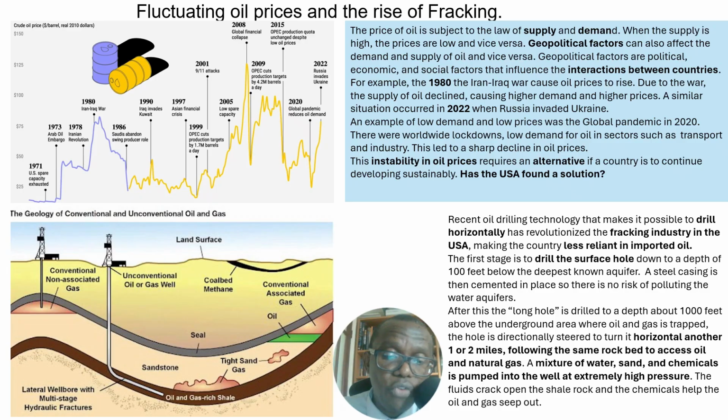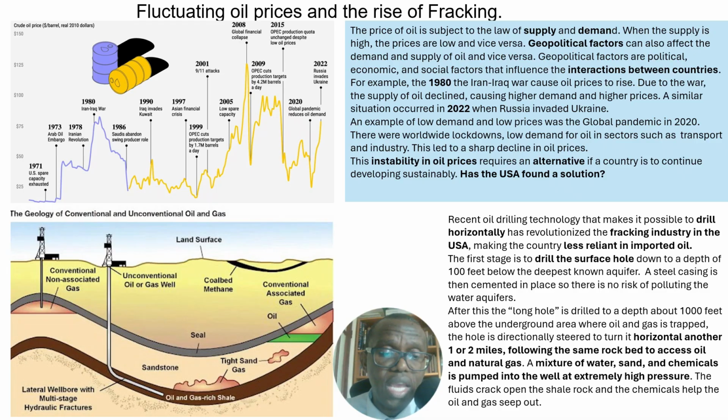Now, a mixture of oil, sand, and chemicals is then pumped into the well at extremely high pressure, and the fluids crack open the shale rock that is below, and the chemicals help the oil and the gas that is below to seep out. And that is what is being shown here in this diagram. As you can see, there is a vertical hole that has been created here, and then a casing has been put around it so that none of those chemicals spill into the water aquifers around here.